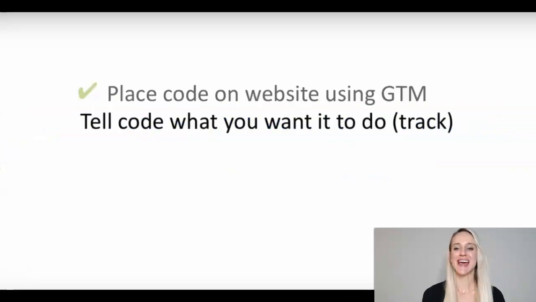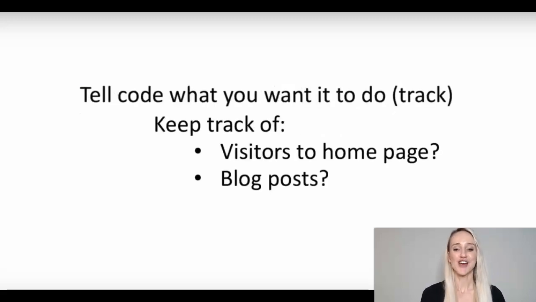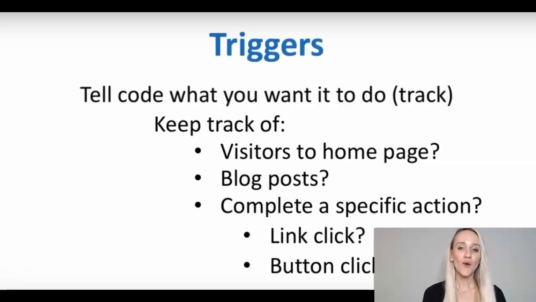So Google Tag Manager allows you to give an instruction for Google to track. So you tell the code what it is that you want to track. It could be certain pages where users click. You could be tracking just visitors to your home page or a blog post. So in order to tell the code what you want to track, you use what are called triggers.